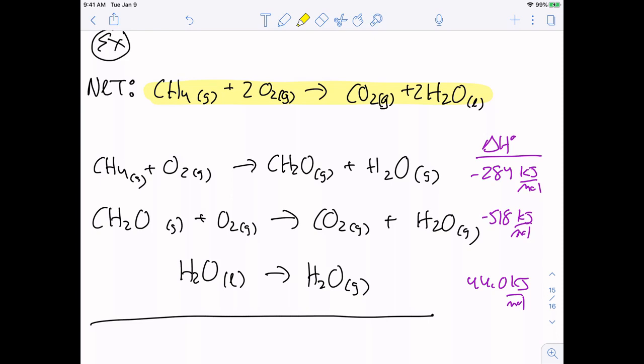On my reactant side, I would have methane gas, CH4. I would have 2 oxygen because I would add those together, but I would also have a water liquid, and if I look at my net, there's no water liquid over there. And then on my product side, I would have carbon dioxide and 3 water gases, and if I look, I don't have any water in a gas form, but I do have 2 water liquids. So I know that I can't just straight add these up.